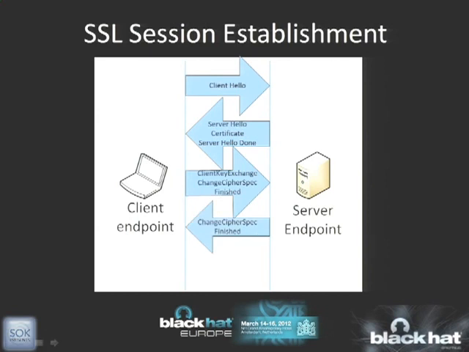The server responds with its own change cipher spec, just basically acknowledging that there's an agreed upon cipher suite, and then a final message that says finished. At that point, we've essentially got a secure application layer transport for whatever higher layer protocol. Pretty commonly it's going to be HTTP over TLS.